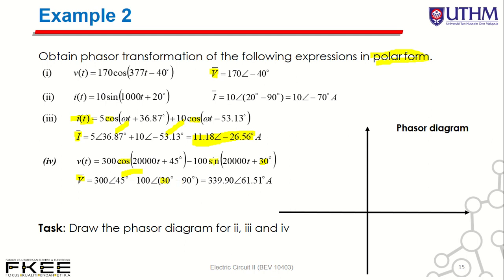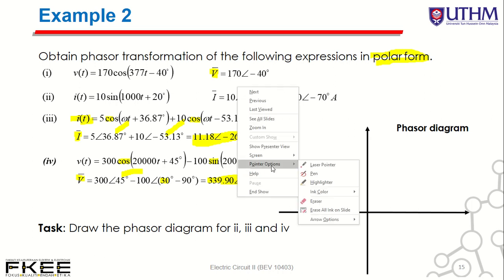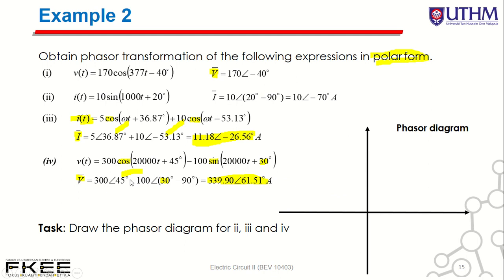You have to convert to the cos function first, which is you need to minus by 90 degrees. And then by using your calculator, you can get the V. The unit of V actually is voltage and not ampere. So typo. Okay, voltage.